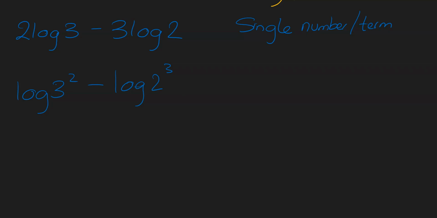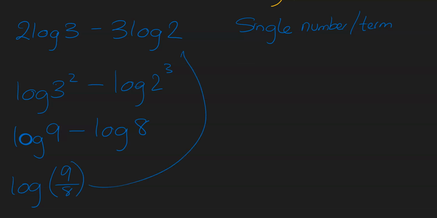And then obviously we can apply our powers in there. So our log of 3 squared becomes log of 9, and log of 2 cubed becomes log of 8. And now we can apply our log rule, which is the subtraction formula right there, which turns into a quotient. So therefore log of 9 over 8.